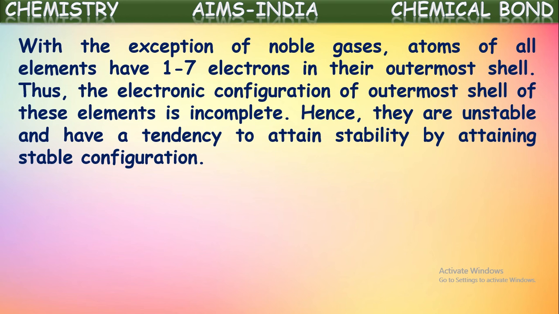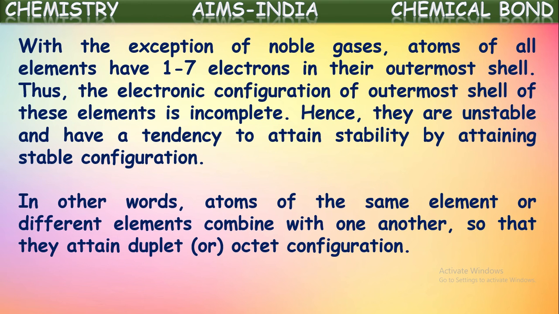So those elements which do not have this duplet or octet configuration are not stable, they are unstable. These unstable elements will tend to get that stable configuration either by gaining, losing or sharing electrons.